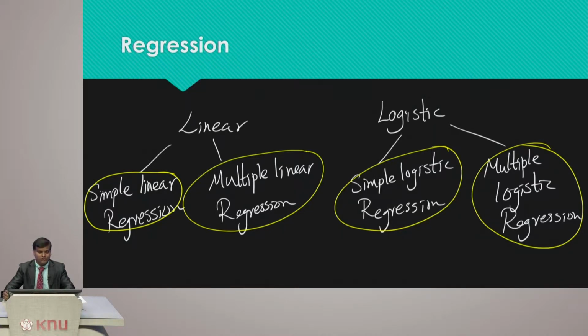Then comes logistic regression, which again has simple logistic regression and multiple logistic regression. We are going to focus on linear regression, and we will see some examples of how to handle regression and how linear regression helps us predict certain data.